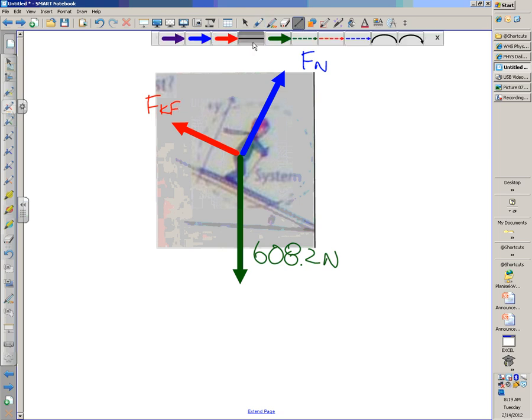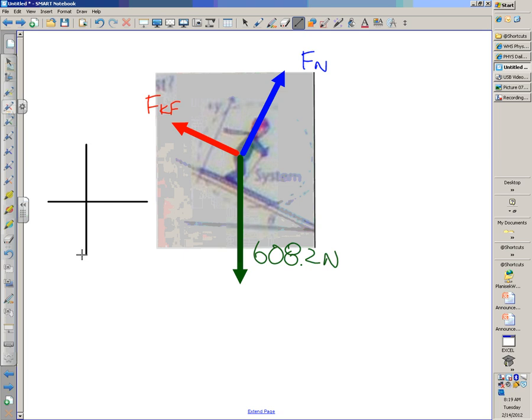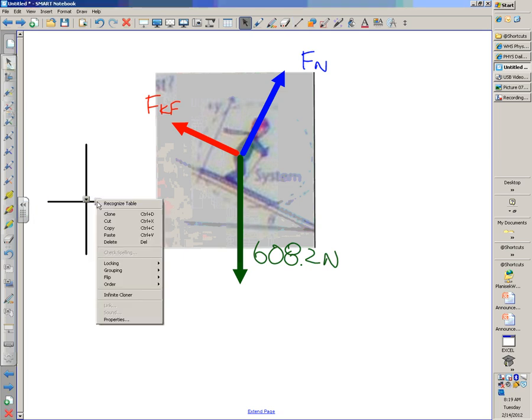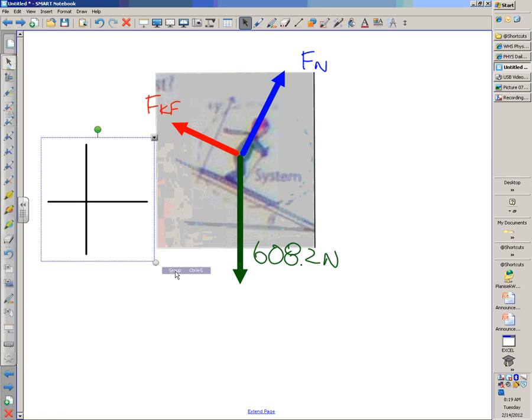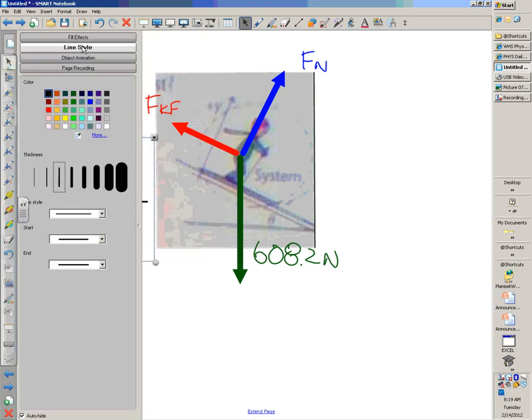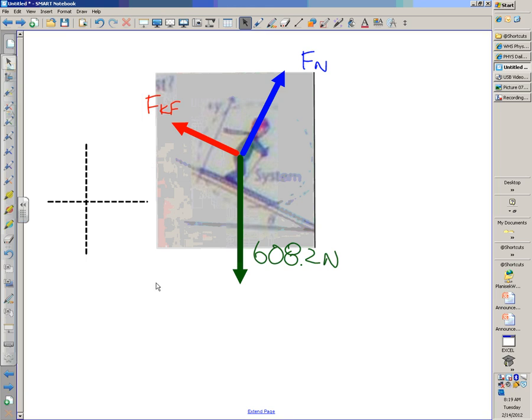So here, let me just do this real quick. X-axis, y-axis, group them together, and then we'll make them dotted. There they are. Okay, we'll bring it over, we'll put it here, we'll rotate it 37 degrees, and there we go.